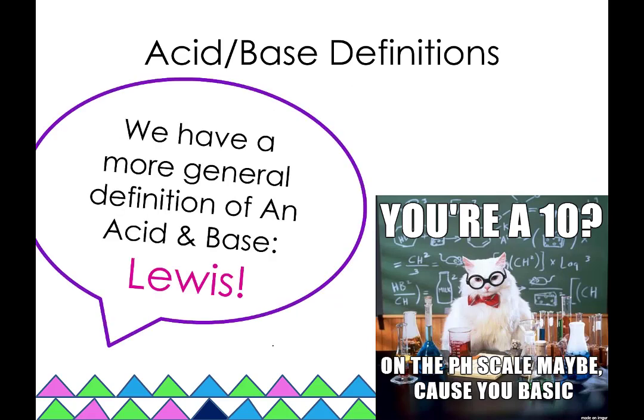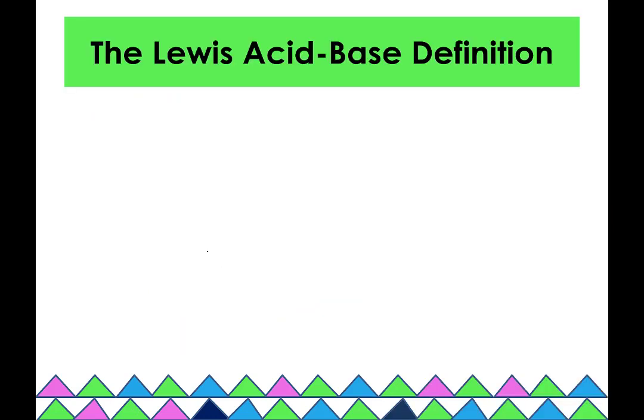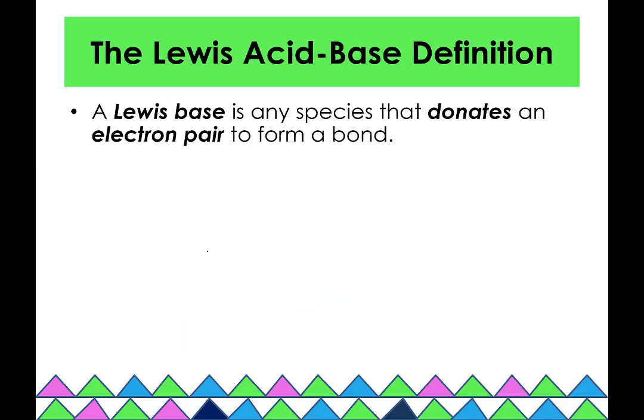In chemistry of the elements, we have a more general definition of acids and bases called Lewis. So the Lewis acid-base definition is that a Lewis base is any species that can donate an electron pair to form a bond. So a Lewis base is an electron donor. So ammonia is an example of a Lewis base because it has that lone pair that it can donate.